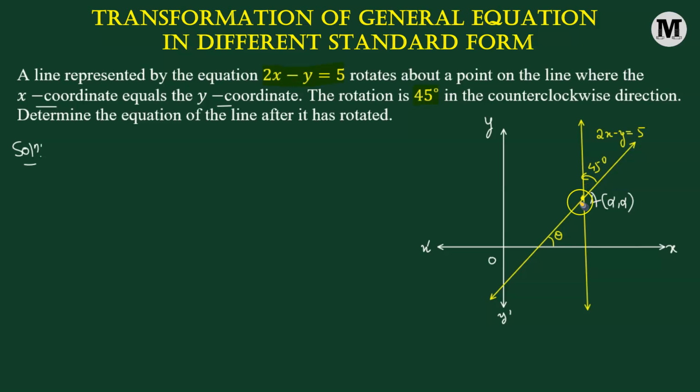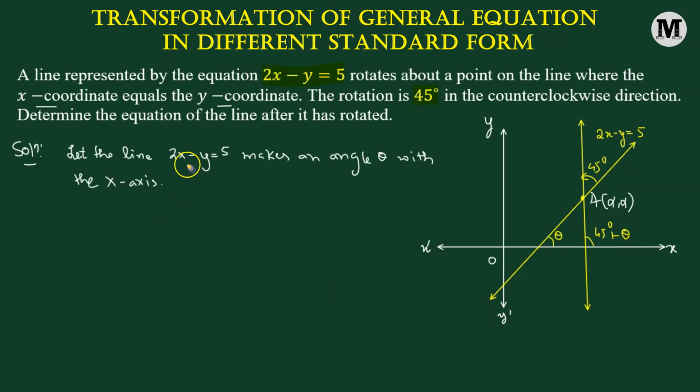Initially the line was making an angle theta with the x-axis, so after a rotation of 45 degrees, this line is going to make an angle of 45 degrees added to theta.